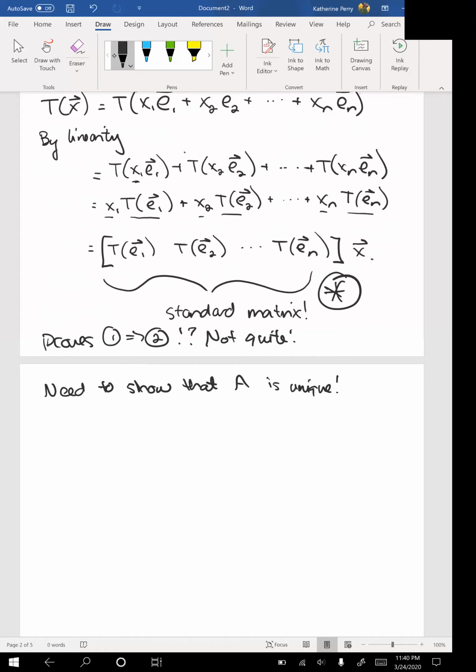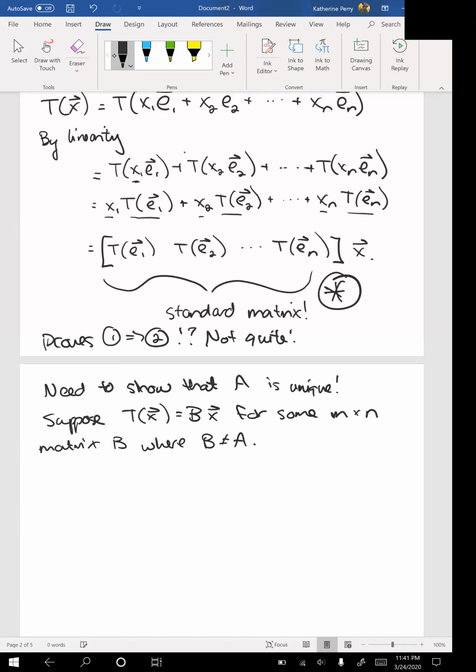And the way to do that is to suppose that there's some other matrix, let's call it B, such that T of X is equal to B times X for some, say, M by N matrix B. Remember, this is a transformation going from Rn to Rm. And let's say B is not equal to A.